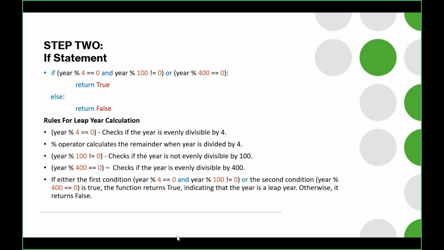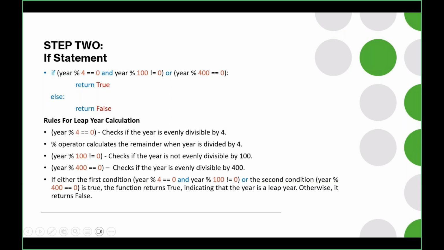So the rule here is that we have to know first the rule to calculate the leap year. One of the first rules is that the year is supposed to be divisible by 4. This one checks if the year is evenly divisible by 4.